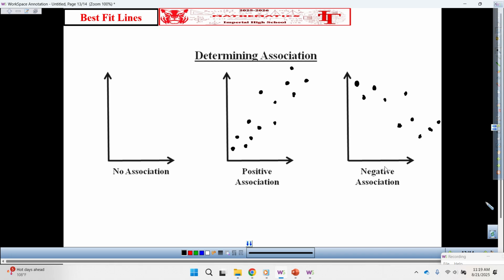And last but not least, tell your neighbor what do you think, if this is a positive and that's a negative, what do you think no association is going to look like? Talk about it with your neighbor. All right, let me show you what it looks like. Now that you talked about it, here it goes.